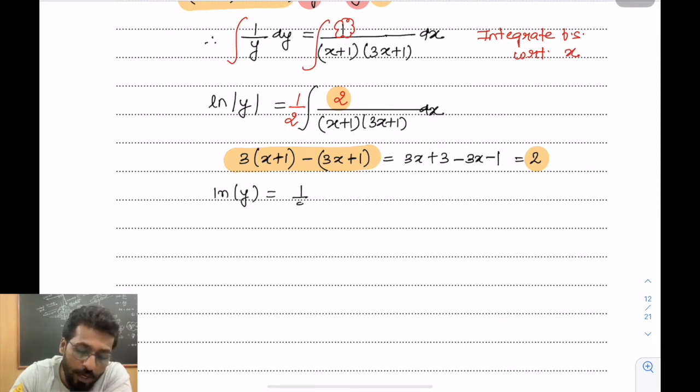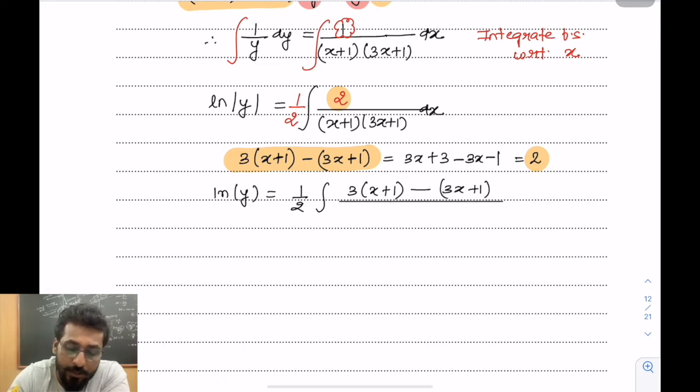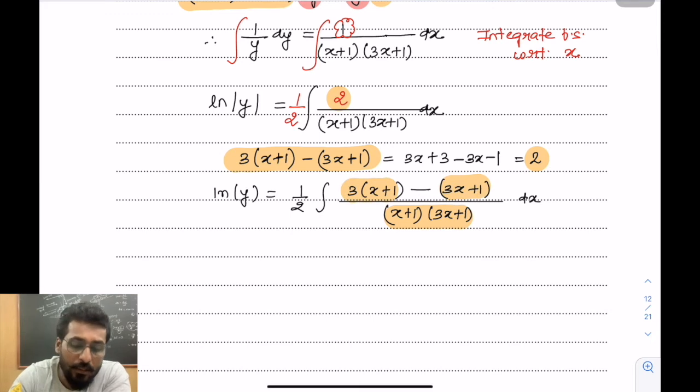So I have ln of y is equal to 1 upon 2 integration of the 2 in the numerator, now replaced as 3 times of x plus 1 minus 3x plus 1, this whole divided by x plus 1 multiplied with 3x plus 1 and dx. The common denominator will simply get separated with the two numerator terms.